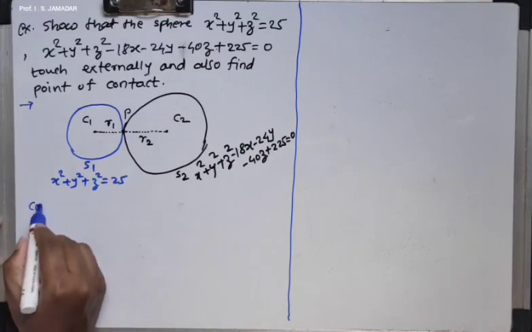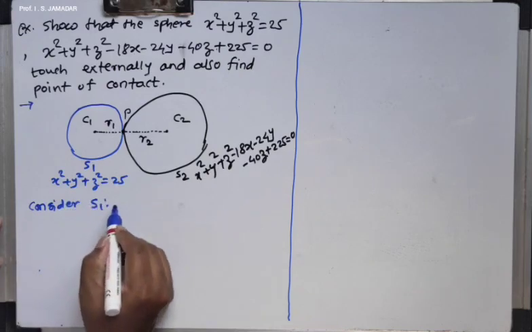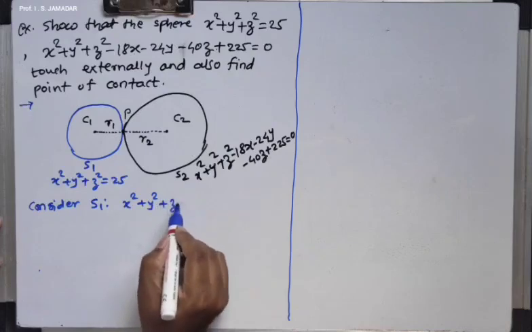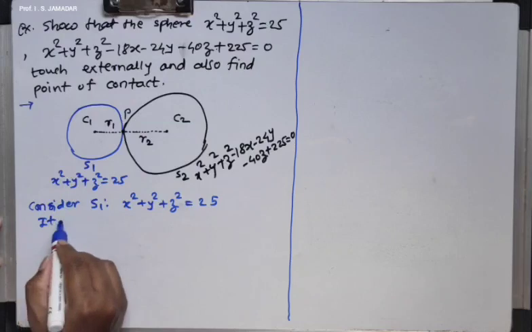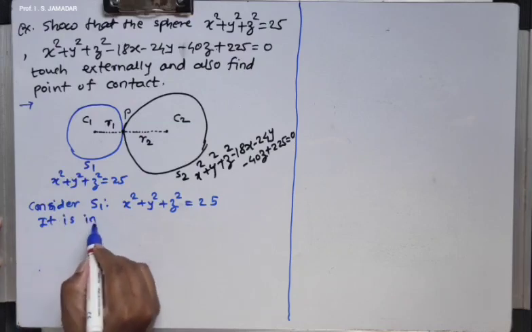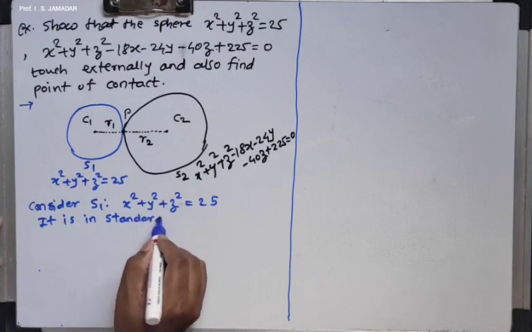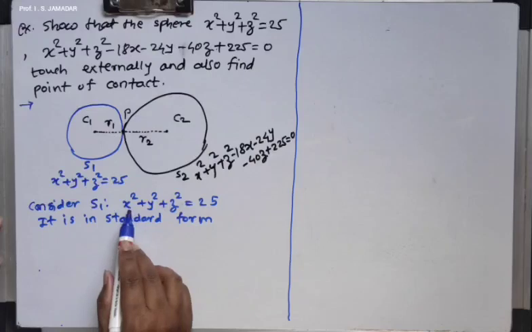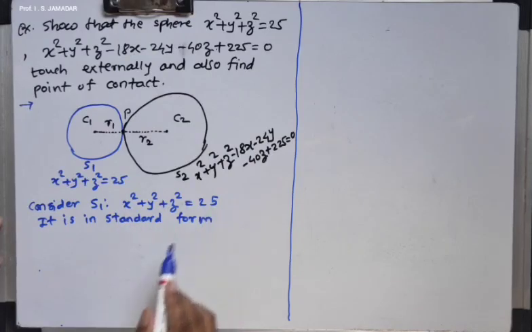So let us consider the first sphere S1 whose equation is x square plus y square plus z square is equal to 25. Now you can see that this equation is in standard form, a standard sphere with center at origin and radius 5, since r square is 25.